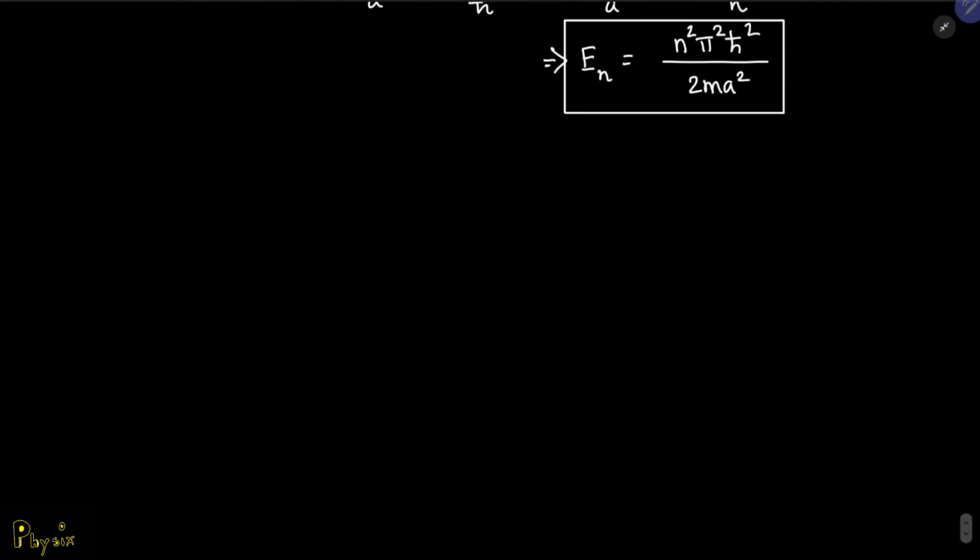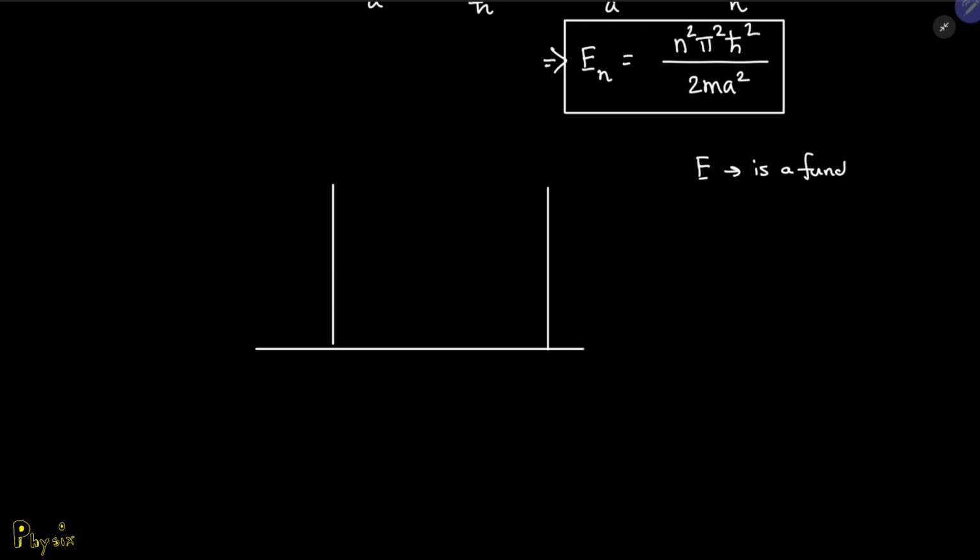So in order to give you a more visual sort of an effect of what's going on, we'll try and understand what our particle is doing inside the infinite square well, having different sorts of energies. So as we know that our E is a function of n, where n is basically 1, 2, 3, dot, dot, dot.